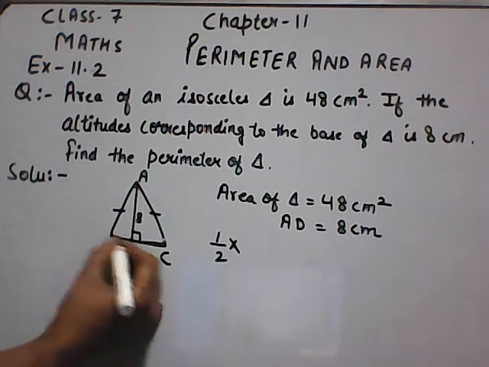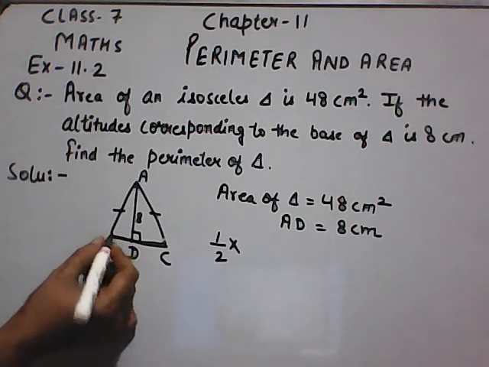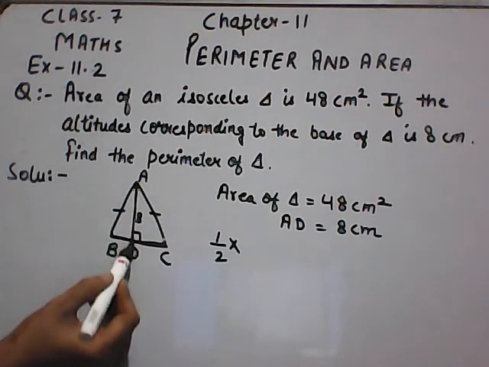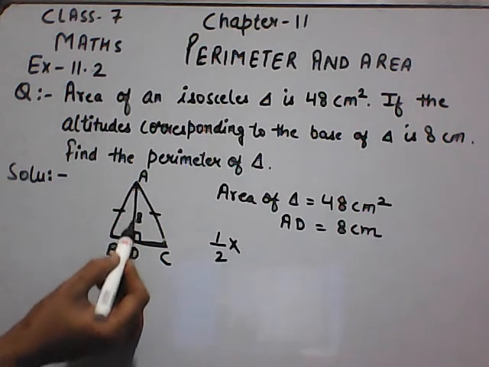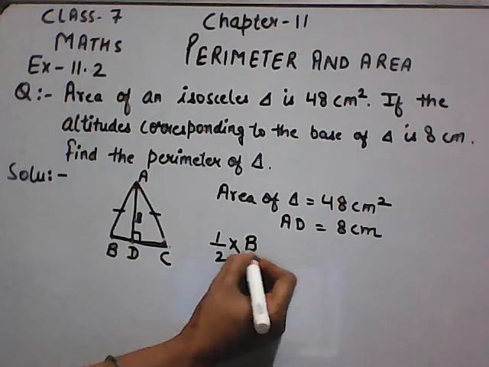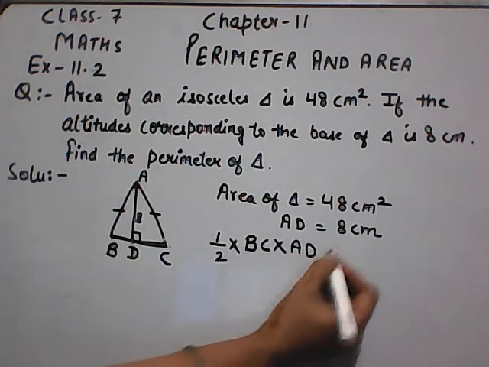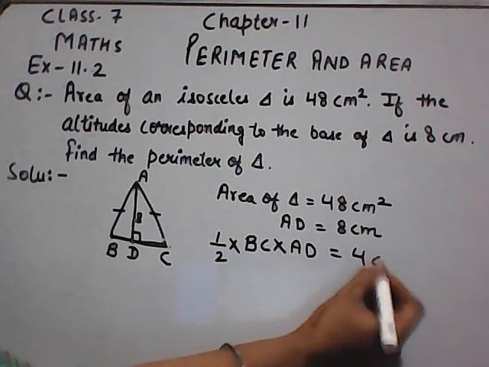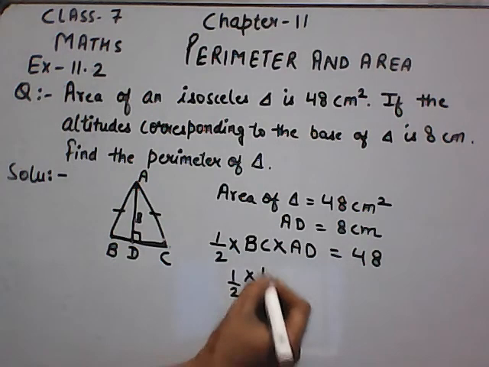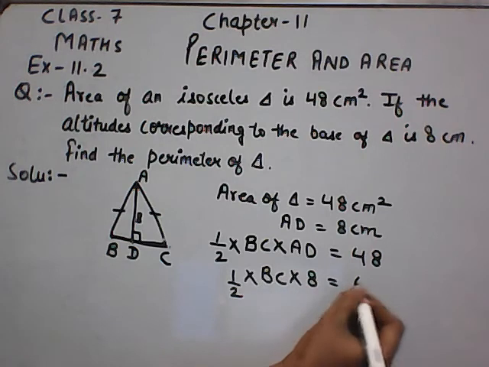In this triangle, we are considering BC as the base and the height of this triangle is AD, the altitude from A to BC. So base is BC and altitude is AD. Now 1 by 2 multiply BC multiply AD, which is 8 centimeter, is equal to 48.